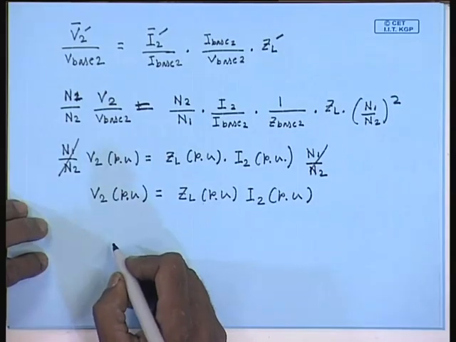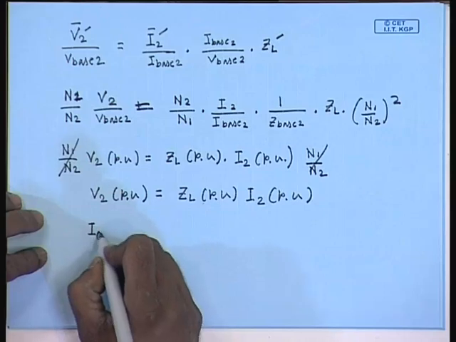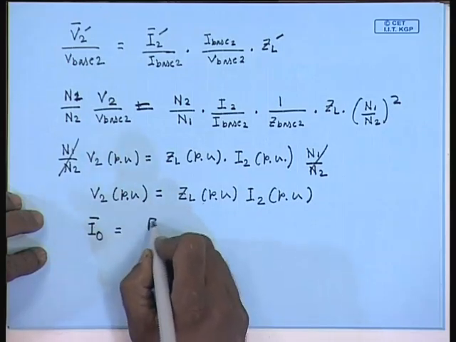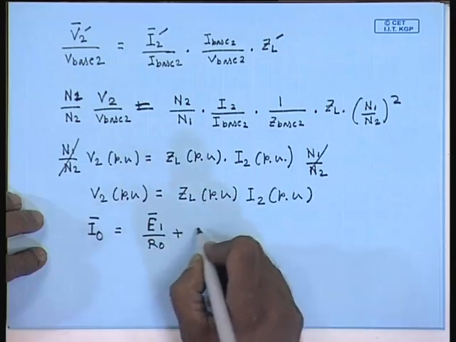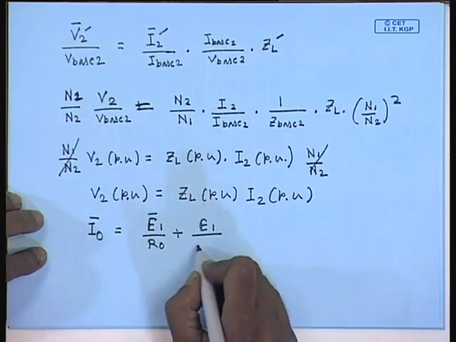Coming to the fourth equation, I0 equal to E1 by R0 plus E1 by jXm.